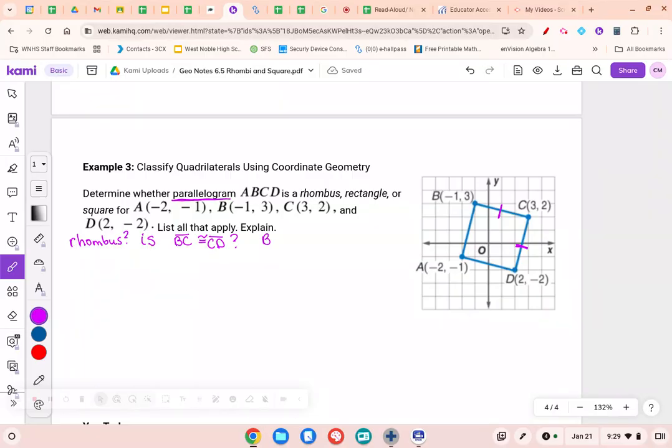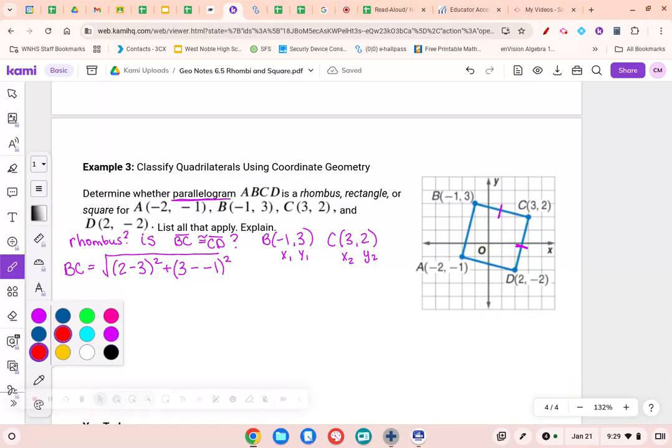So I know that B is the point -1, 3. C is the point 3, 2. I am going to label x1, y1, x2, y2, because we are going to have to do the distance formula here, because we are finding out if they are the same length. So segment BC is, in our distance formula, y2 minus y1 squared plus x2 minus x1 squared.